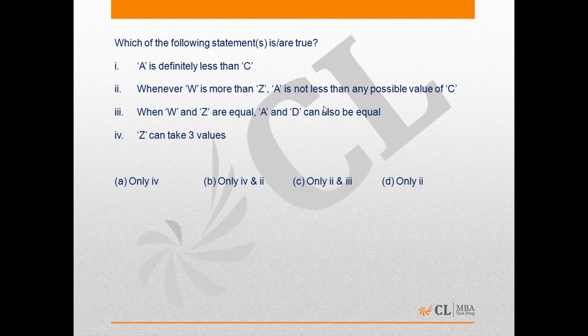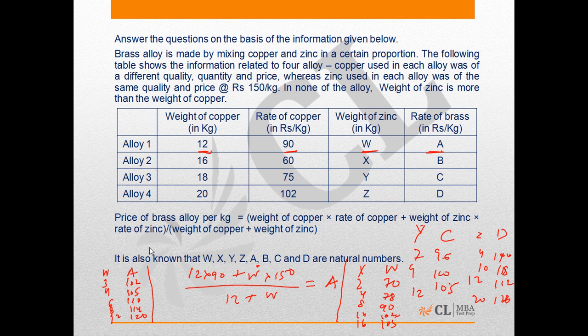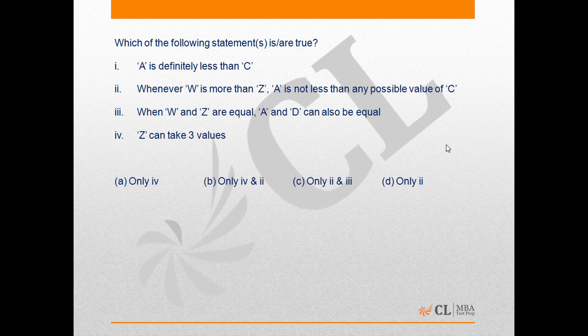Whenever W is more than Z, A is not less than any possible value of C. It is saying when W is more than Z, which starts from 6, then A is not less than any possible value of C, which is perfectly true because the maximum value of C is 105, and when W becomes greater than Z, the minimum value of A is 110. Therefore this statement is definitely true.